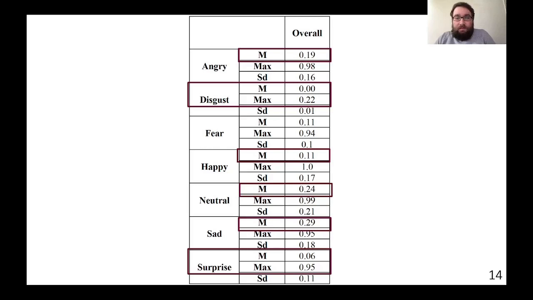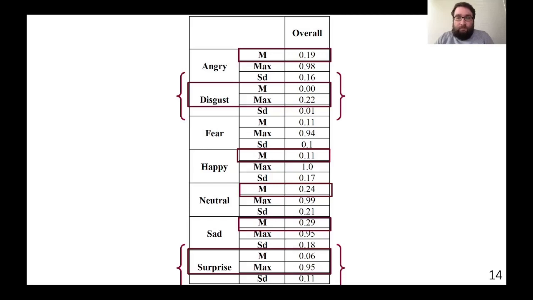So it only makes sense to compare the emotions to each other instead of interpreting the data in isolation. One thing these results show is that disgust and surprise are rarely detected at all, especially disgust, which rounds to an average of 0 and has a very low maximum of 0.22.